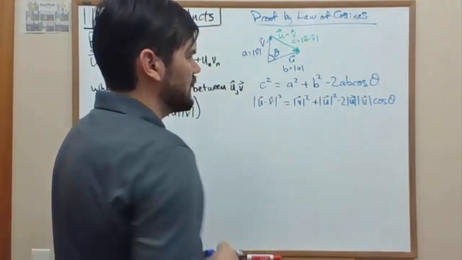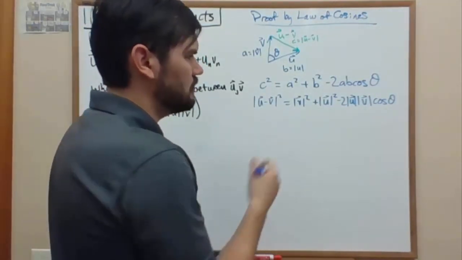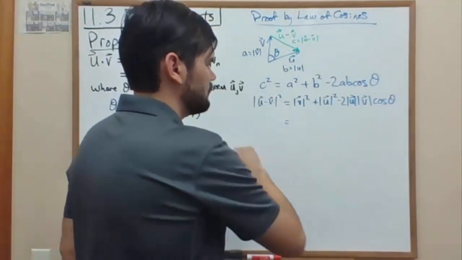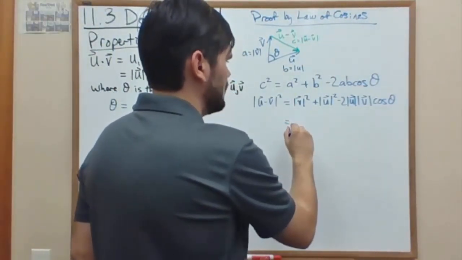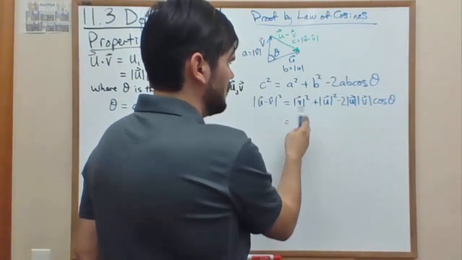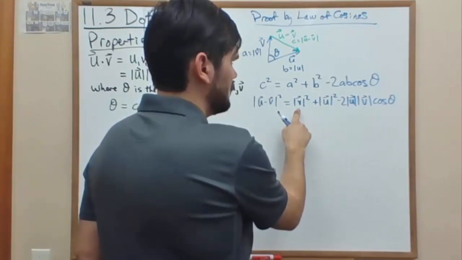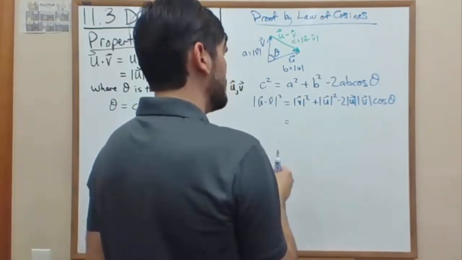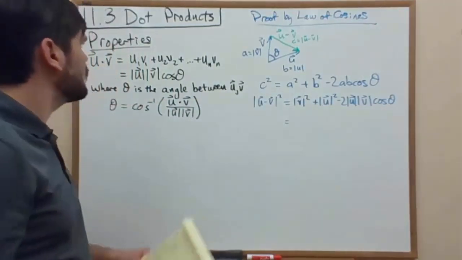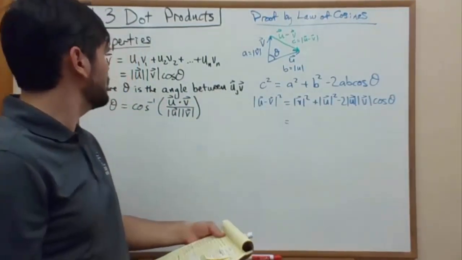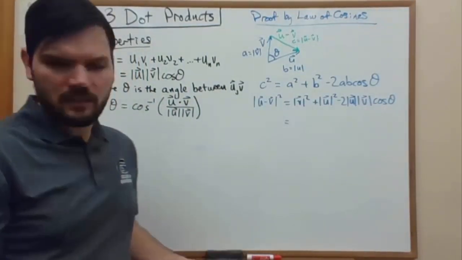What about the magnitude of v squared? This is an interesting question. What happens if you square a magnitude?